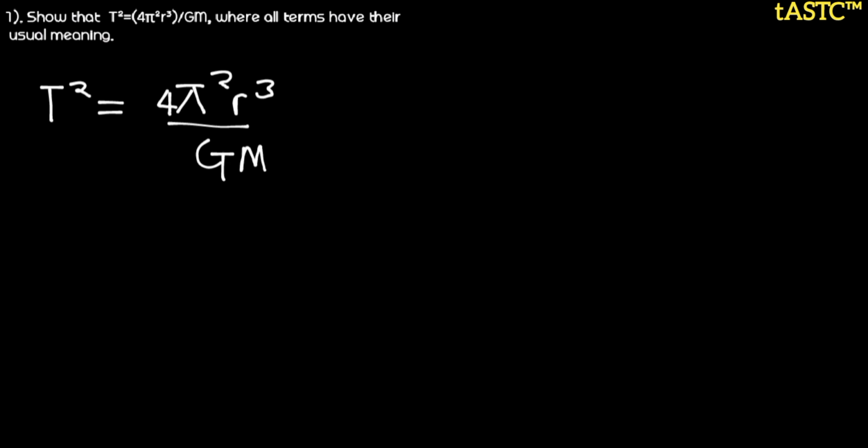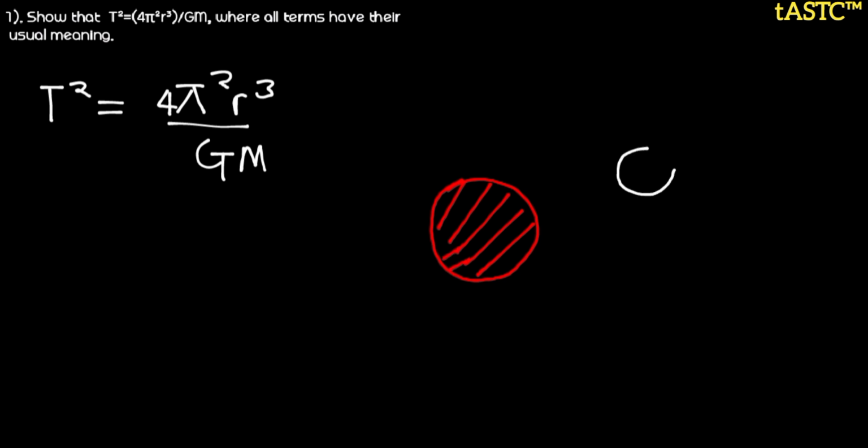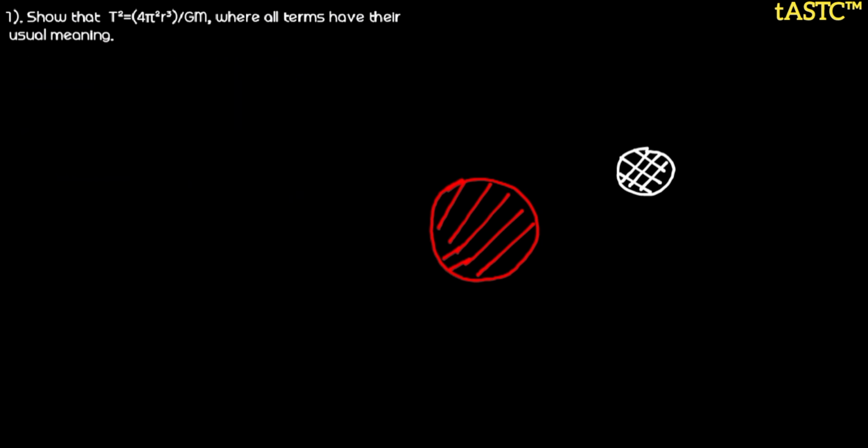Now, let us say that you have the sun, and this is represented by this diagram, and you have another body. In this case, we're going to say this is the Earth, and the Earth is orbiting the sun. So there is going to be an orbit that the Earth is going to make.